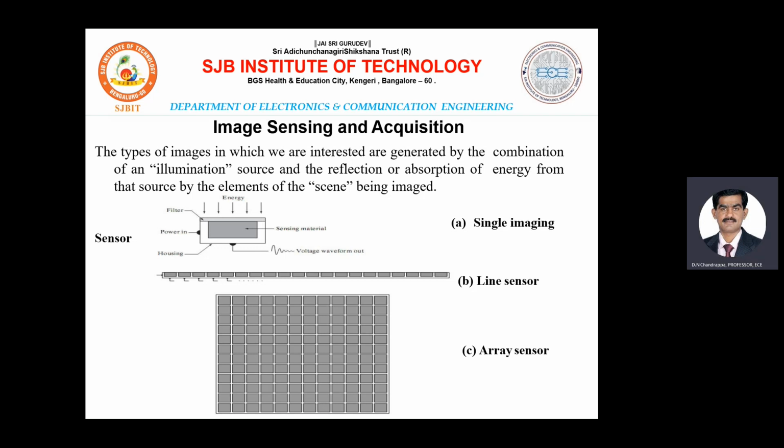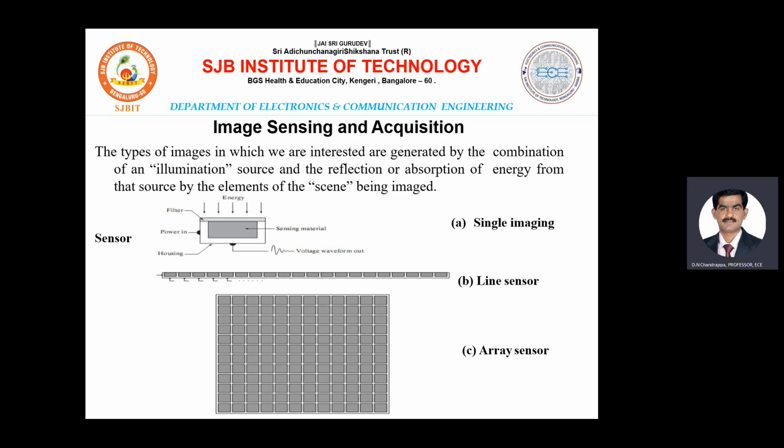If the sensor is not good, even though the image is of good quality, once you capture it from your camera the captured image is not clear. It may be a blurred or degraded image. So these things depend on the sensors, and on what kind of sensor we are going to use.